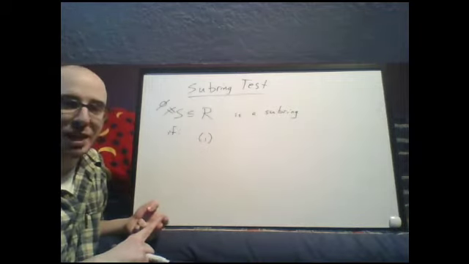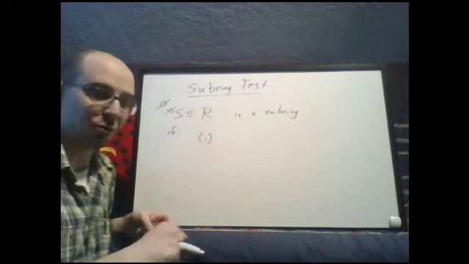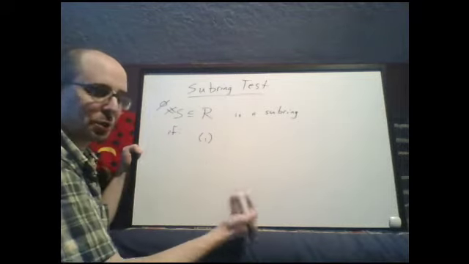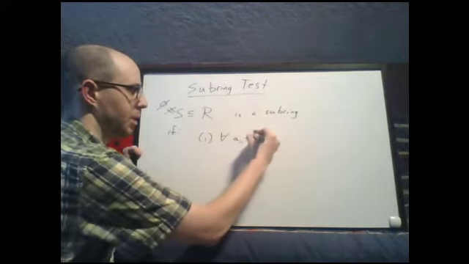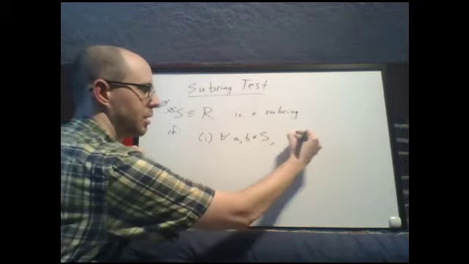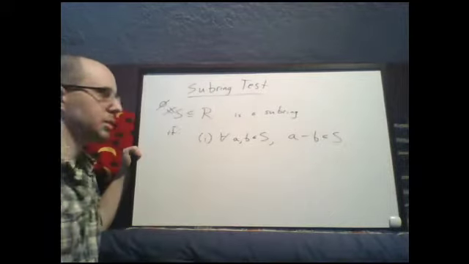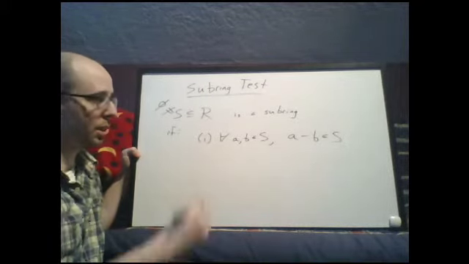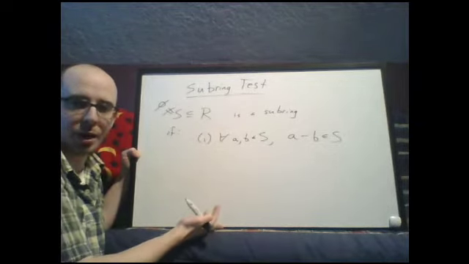Since I have to check multiplication also, it's usually quicker to use the one-step subgroup test, which amounts to being closed under subtraction. So for any a and b in S, a minus b is an element of S. That is the one-step subgroup test where the operation is addition.